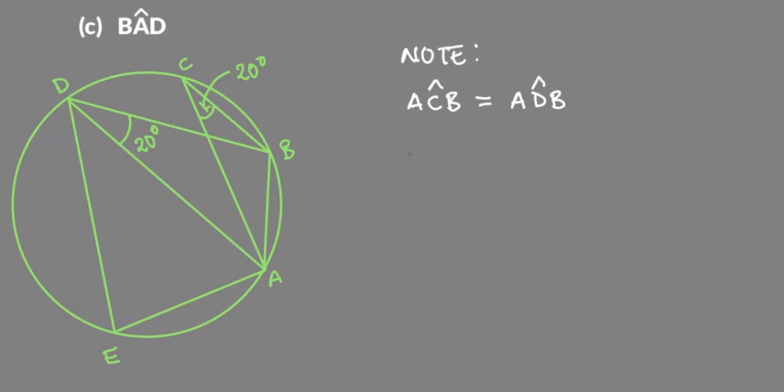The next thing we should pay attention to here is that we have the angle ADE. We calculated it as 40 degrees. Now, we've been asked to find the angle BAD. If you look closely here, you will notice that we've got a cyclic quadrilateral ABDE. Therefore, we can easily find the angle that is situated here, which is BAE. Remember, the angle we want to find is BAD, the angle here.